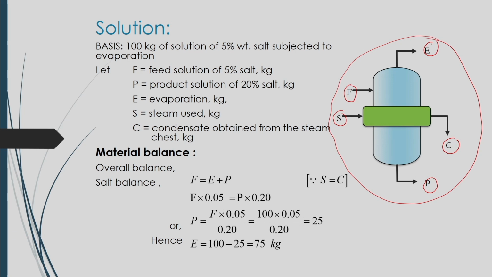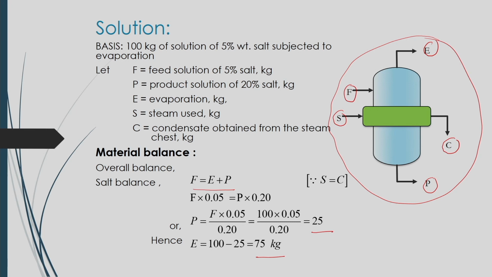Now, if we do the material balance to find out all those stream amounts which are coming in and going out, based on which we can get E equal to 75 kg and P, the product solution of 20% salt, will be 25. So, we have to do the overall balance like this: F will be equal to E plus P, the overall balance for the solution, and the salt balance.